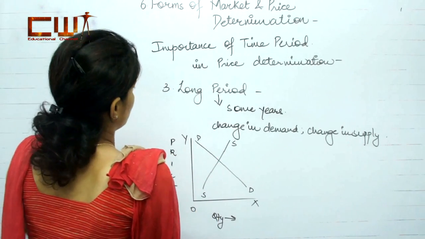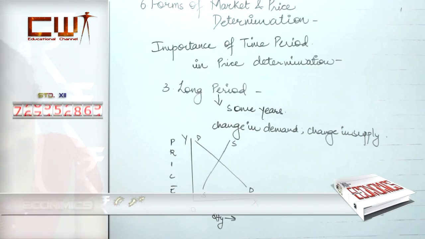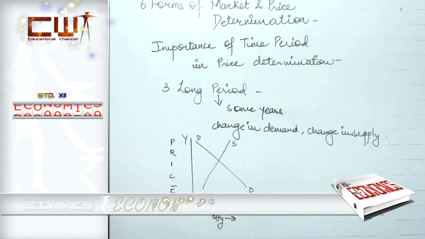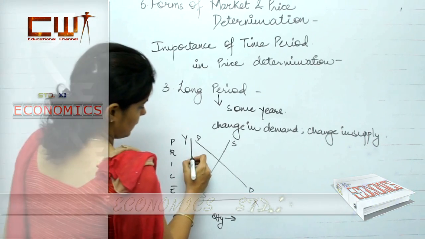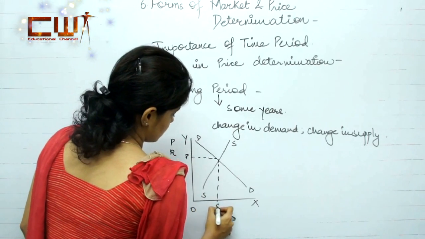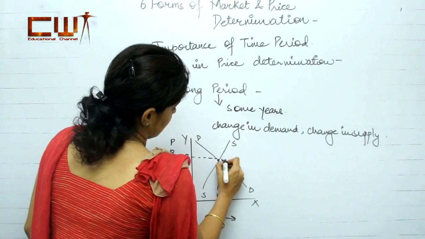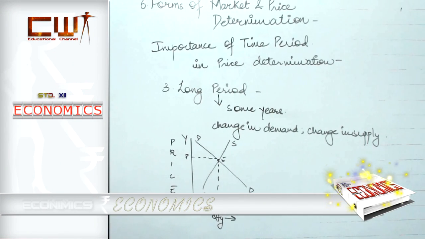And this is how, in the long time, it is adjustable. Right? You can easily get the change in both demand and supply curves. And here where they meet, this is the price, quantity, and this is the equilibrium point. So this was the long period that we studied.